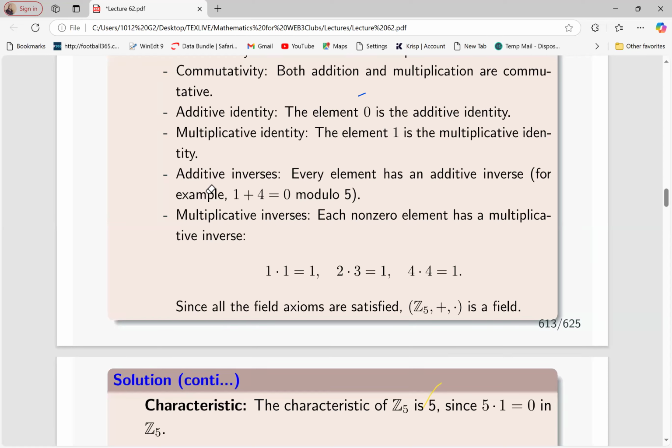fields, they are different. When you look at the axioms of a ring, for instance, we said that a ring, first of all, should be a commutative group. Then the only time we consider multiplication for rings is under distributivity.